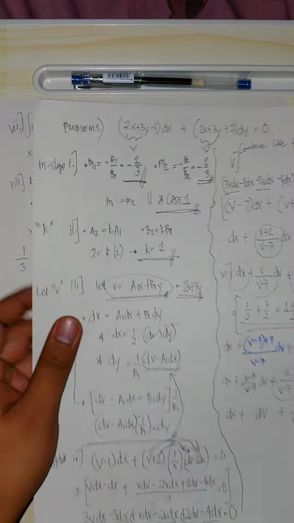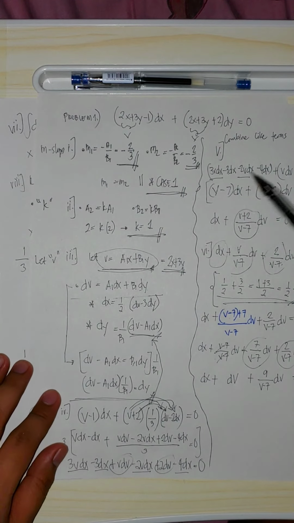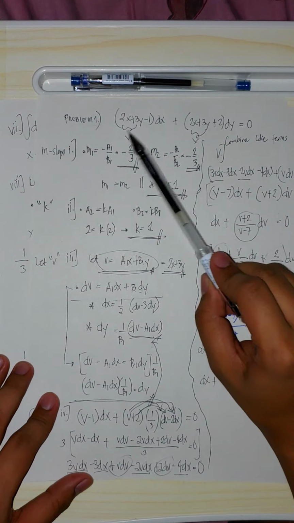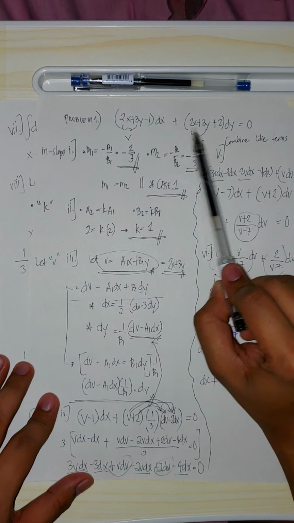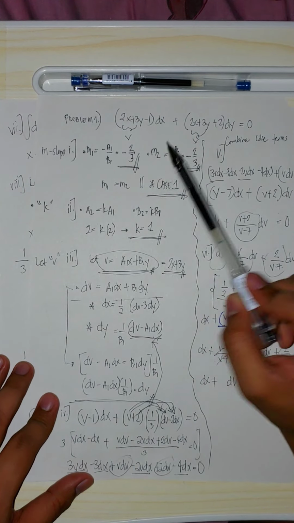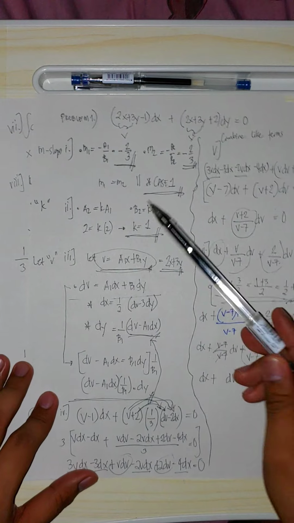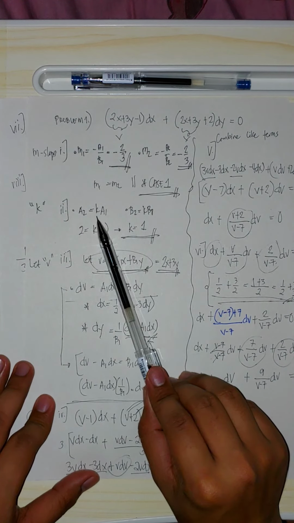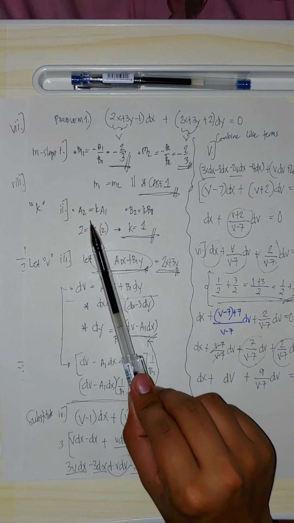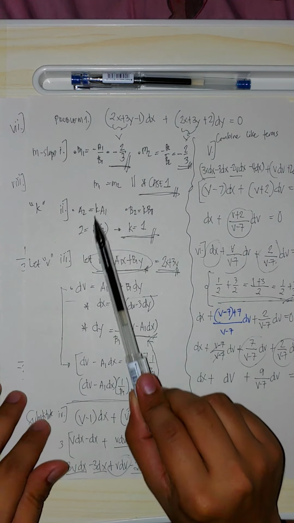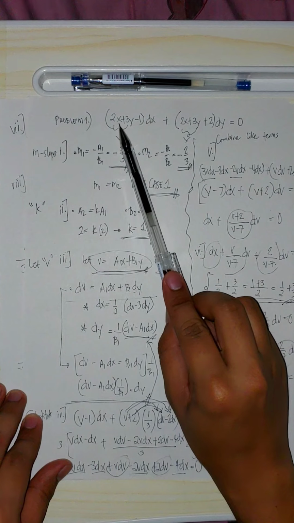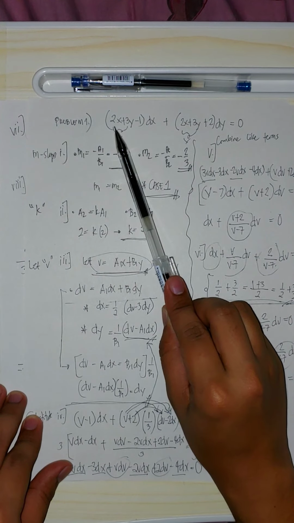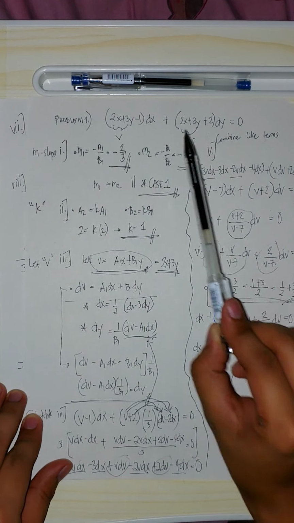Okay, let's reiterate. First is check the slope of the two equations. If they're equal, they are parallel lines, they are case 1. If they are case 1, get the proportionality constant of the equations, so we have here a2 equals a1. These a1 and a2 are the coefficients of x here, so a1 and a2.